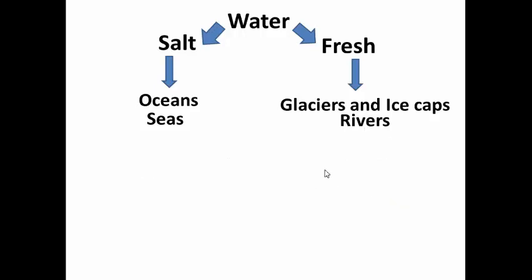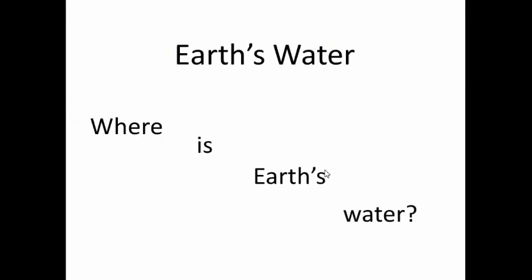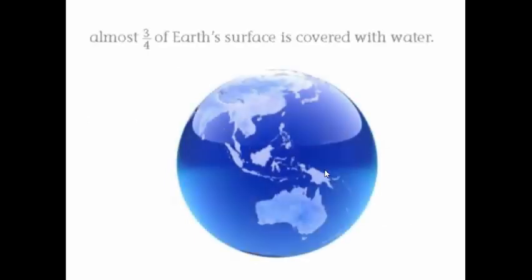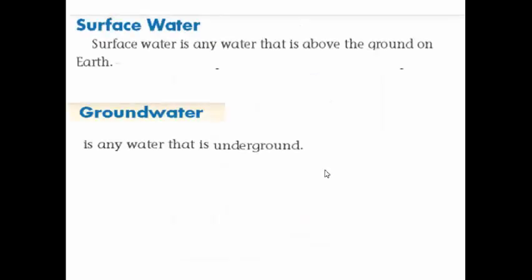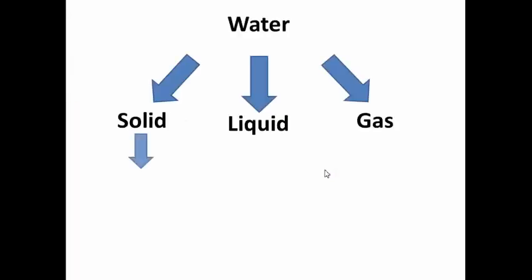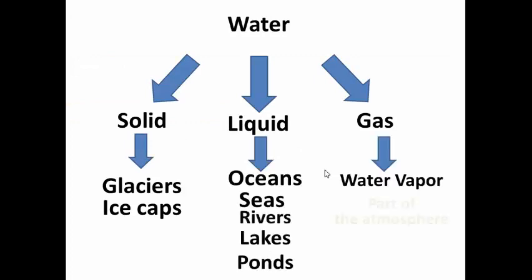Let's revise together what we mentioned today. Today we talked about Earth's water, and we asked, where's Earth's water? We mentioned that almost 3/4 of Earth's surface is covered with water. We said we have two types, surface water and groundwater. Then we said we have three states, solid, liquid, and gas.